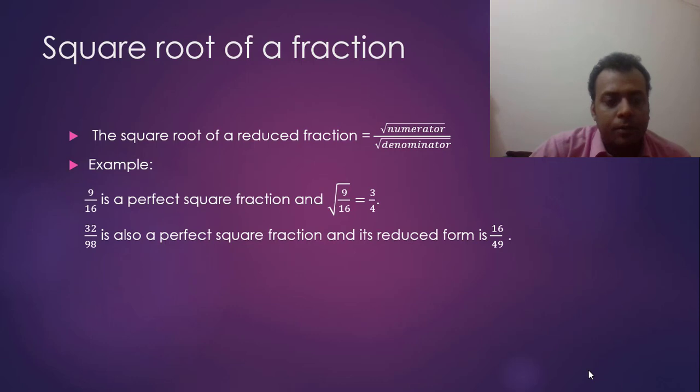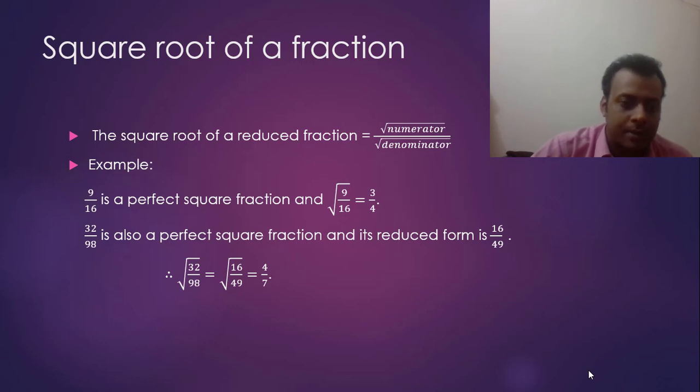If you take 2 as a common factor and reduce the fraction, then you will get 16 by 49. And root over 32 by 98 is equal to root over 16 by 49, which is equal to 4 by 7, because 4 4s are 16 and 7 7s are 49.